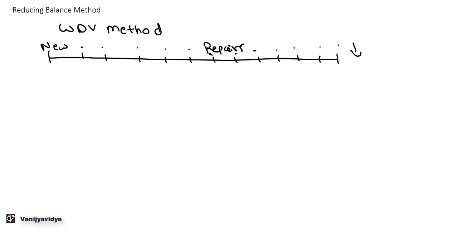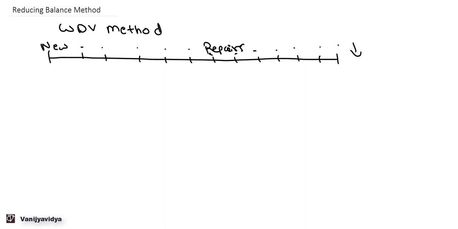Now, this is a more realistic assumption as compared to the straight line method. Usually what happens is whenever the asset is new, or for that matter whenever anything is new, the repairs and maintenance for that particular fixed asset will be less in the initial years, but as and when we use it after some years, the repairs and maintenance will go up.